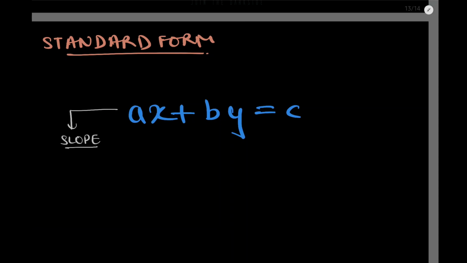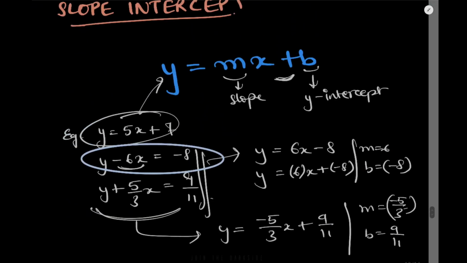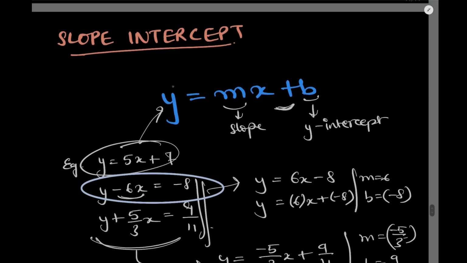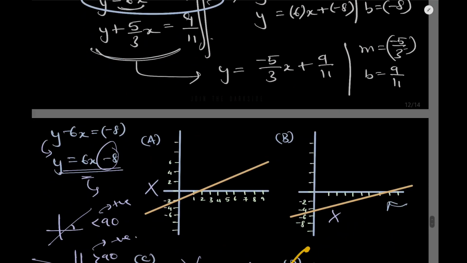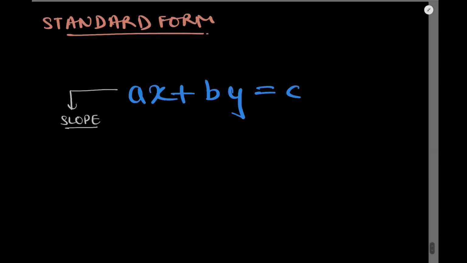Now we all know that slope can be easily seen in the slope-intercept form by y is equal to mx plus b. So why not just modify the standard equation into the slope-intercept equation? You know what? First, you try doing that by simple algebraic methods like moving here and there and then plus sign and minus sign, and then I'll show you.